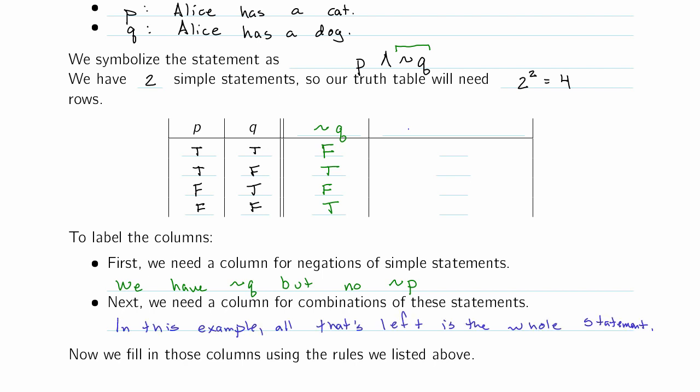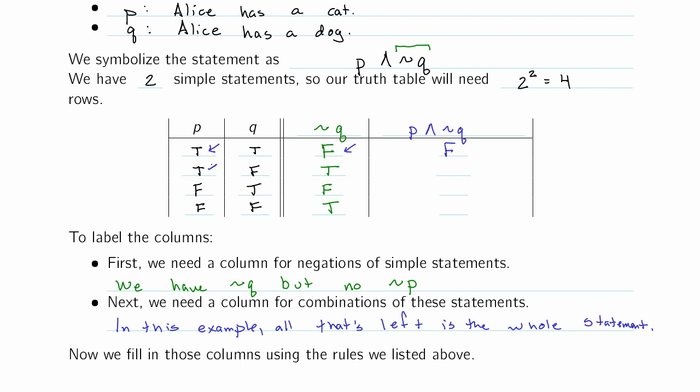So all that's left is to make a column for P and not Q. How do we compute those truth values? Well, and is true only when the two things being anded together are both true. So here, P is true, not Q is false. They're not both true, so and is false.